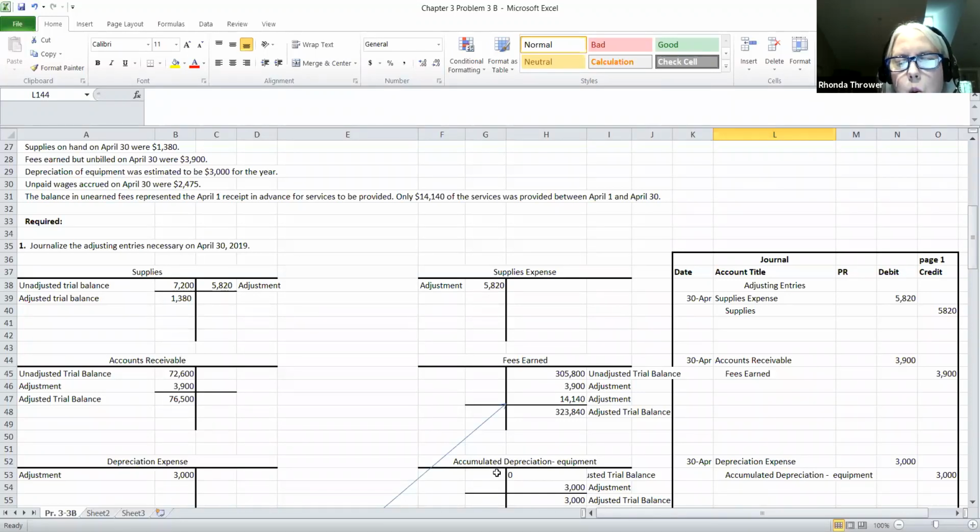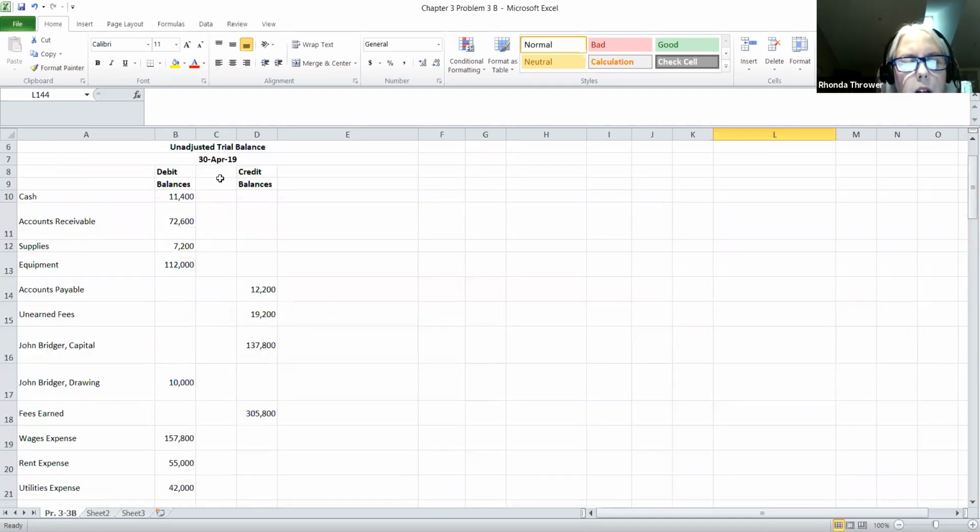It's important that you know that accumulated depreciation is a contra asset account. Because it's a contra asset account, it will have a normal credit balance, or it will increase on the credit side. Now, my accumulated depreciation wasn't even listed in my unadjusted trial balance up here.